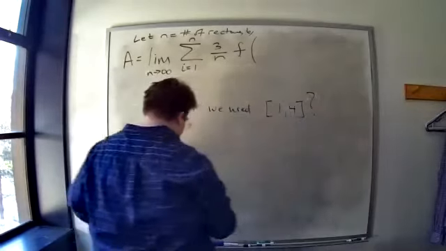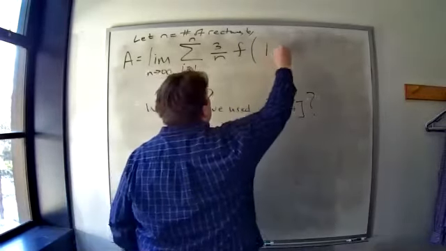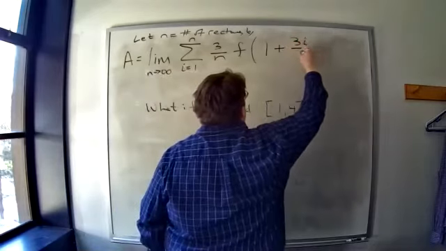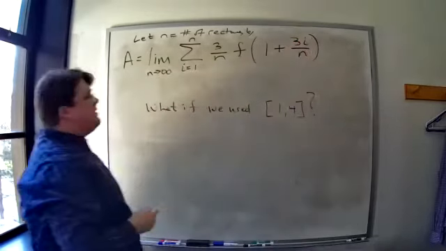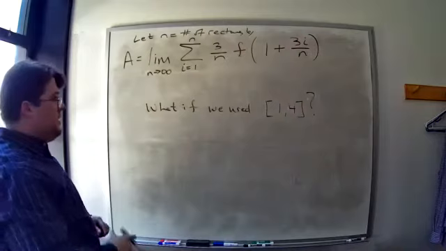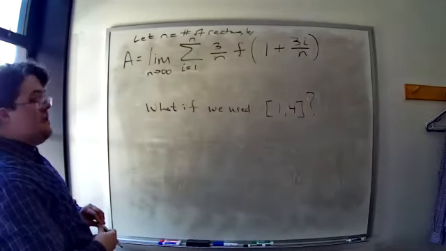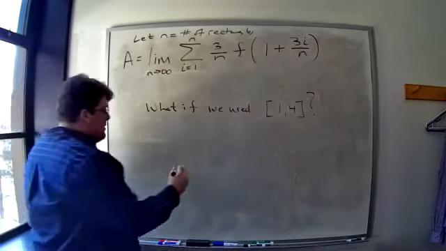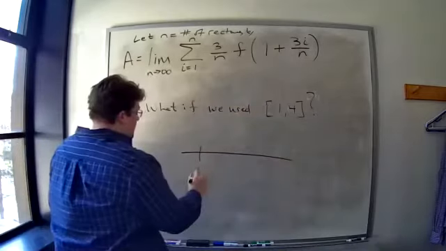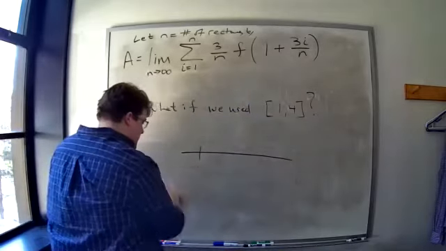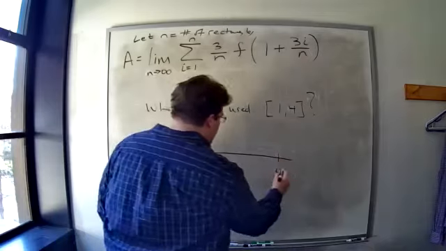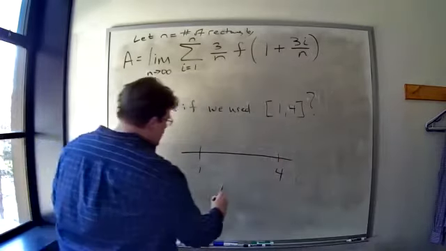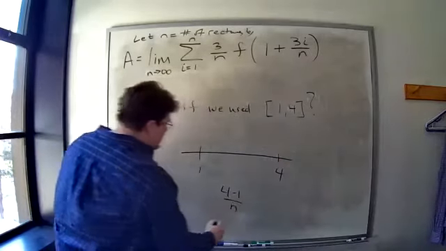Okay, I will give you the answer now. It would differ by changing that to a 1 plus 3i over n. And why would it do that? Well, if you took the interval 1 to 4, we're again dividing it into n pieces.